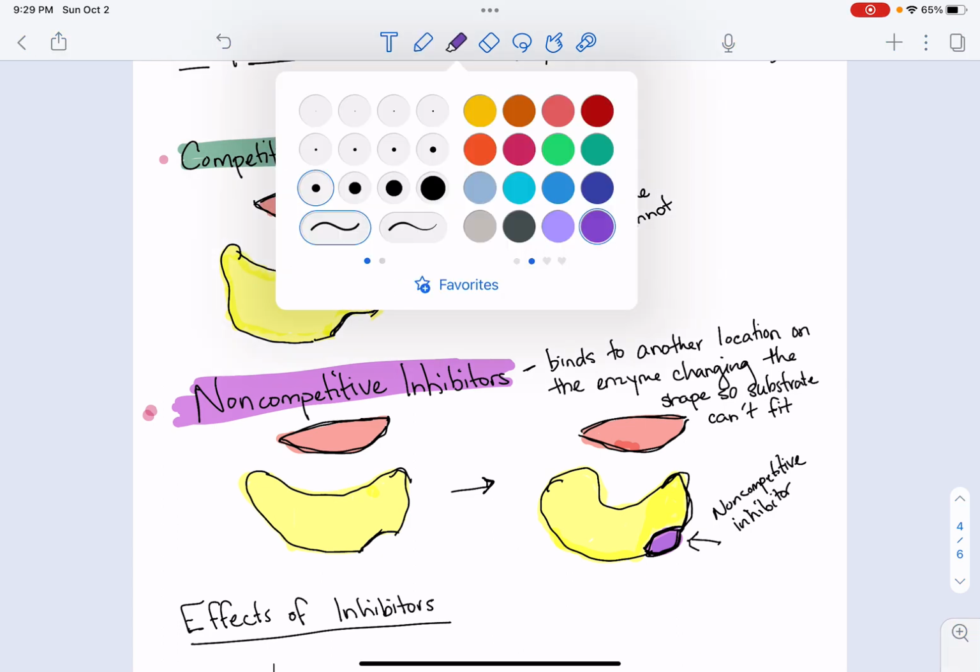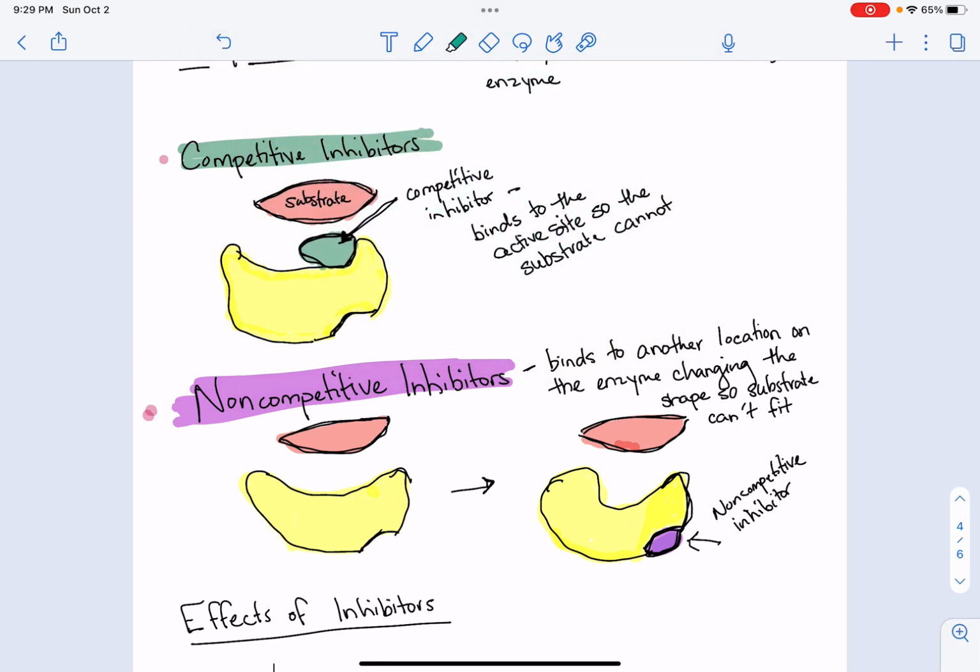I apologize, this is not my best drawing ever, and my pen just died. Okay, so this is normally what the active site looks like, but once the non-competitive inhibitor binds, you see that the active site shape has changed, so the substrate can now no longer bind at all to this enzyme.